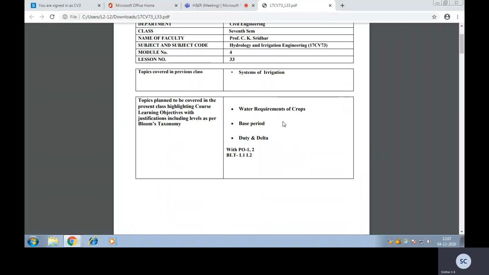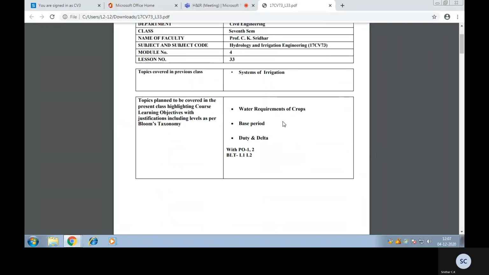It is also expressed in terms of the area irrigated, in hectare meter, or we consider it as only the depth of water required for the growth of the crop. Delta is referred to either as the total area irrigated in terms of hectare meter, or only in centimeter, that is the depth of water. Both are one and the same.